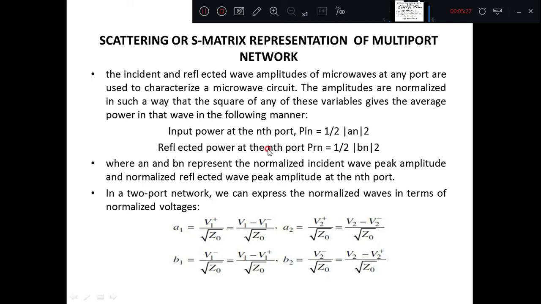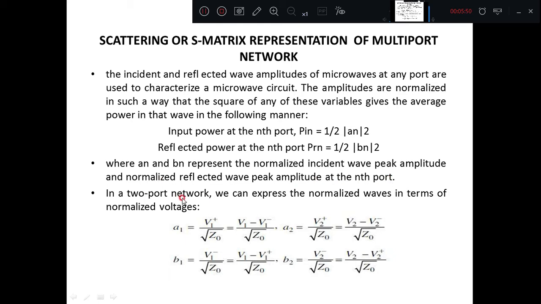The reflected power at the nth port, Prn, is given by half Bn squared, where Bn is the normalized peak amplitude of the reflected wave. Here An and Bn represent the normalized incident wave peak amplitude and normalized reflected wave peak amplitude at the nth port.